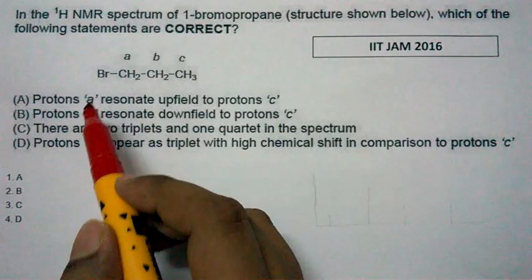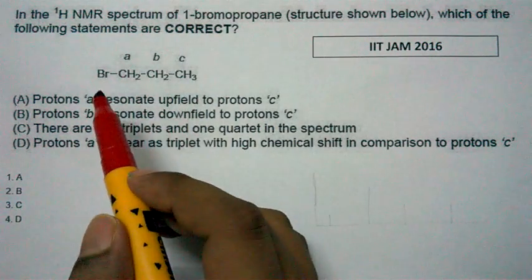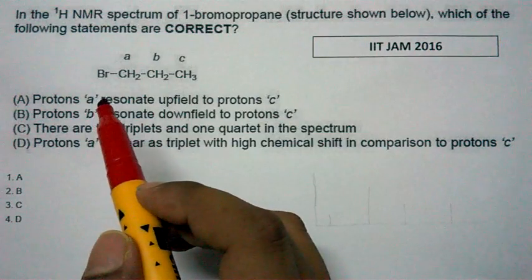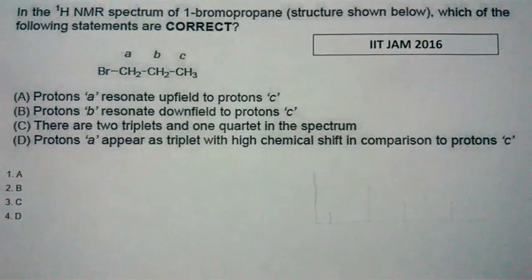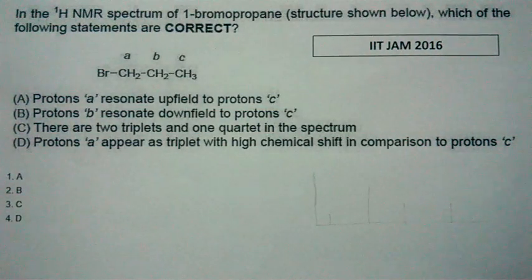We will analyze every option and construct the NMR spectrum for this molecule and see which option is correct. To build an NMR spectrum, we first need to identify the different hydrogen atoms and their environments. When we understand the environments of the hydrogens, we can build an H1 NMR spectrum.